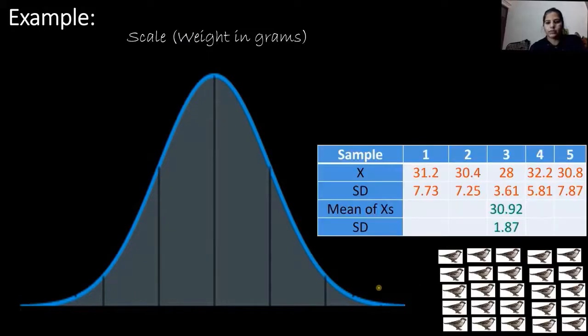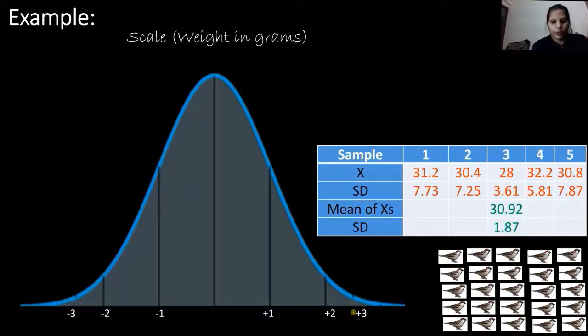Similarly, I'll try to plot these values of the secondary sampling effort, or mean of the means, on the normal distribution curve, where the baseline scale is marked with 1 to 3 standard deviations, because here the standard deviation value to be plotted is 1.87.